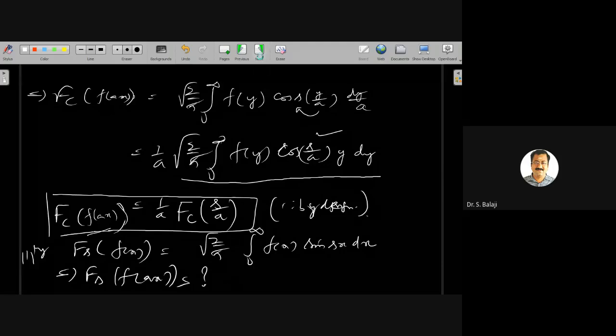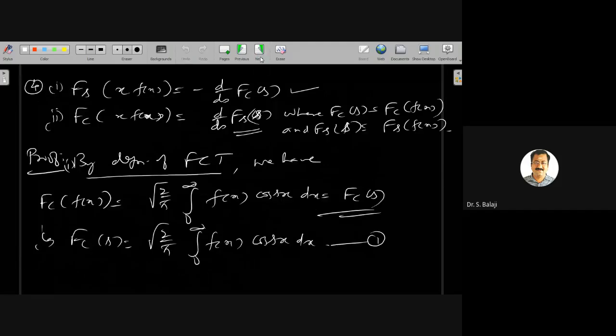In the same manner you have another property. Fs of x f of x, the Fourier sine transform of x into f of x, that is when f of x is multiplied by x. Fs of x f of x is equal to minus d by ds of fc of s, which comes as a Fourier cosine transform.